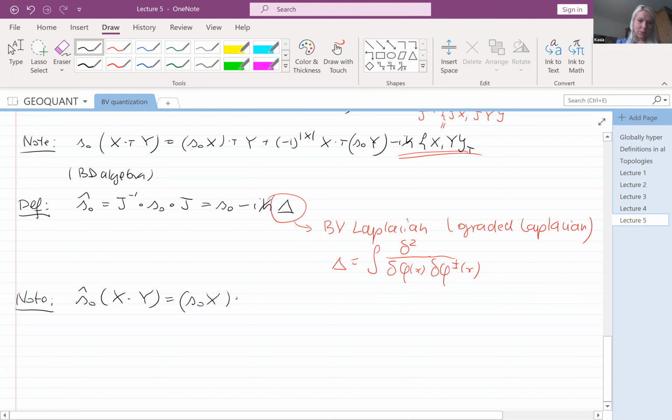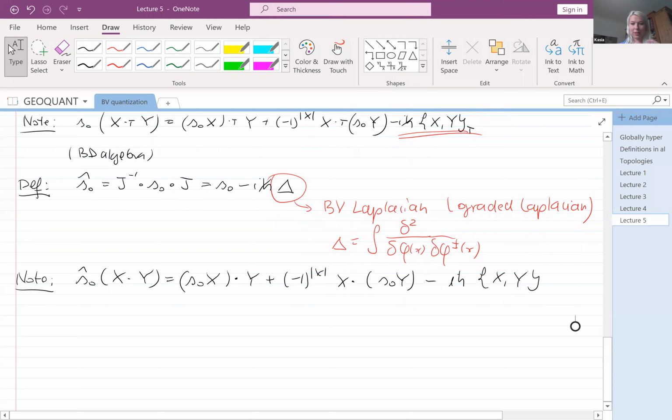I can now repeat everything just with the usual product, and then here I have the honest anti-bracket. This is the version where the differential is deformed and the product is undeformed.